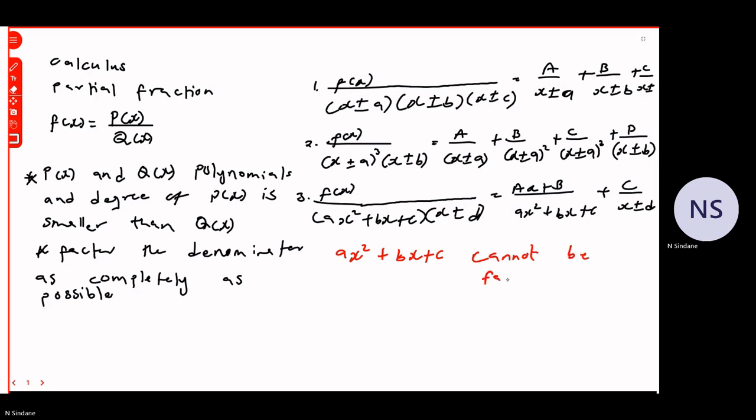You cannot have factors for this. If you can't factorize this, then you do it like that, right? These are your partial fractions. That is how you can do it. If you can't factorize it, then you can use that format for partial fractions, right? Let's get an example.